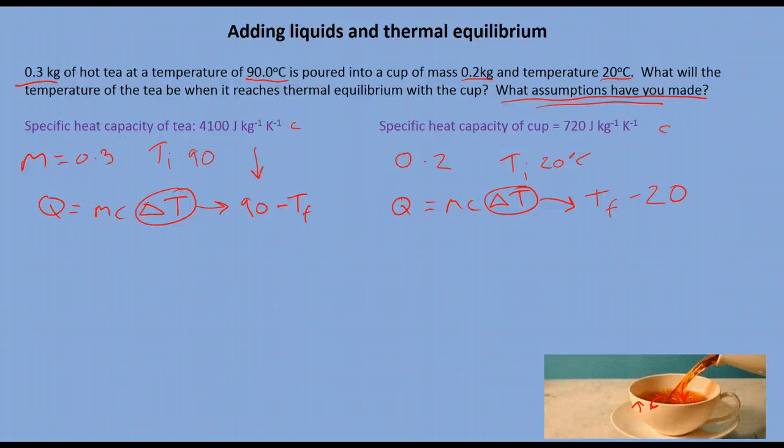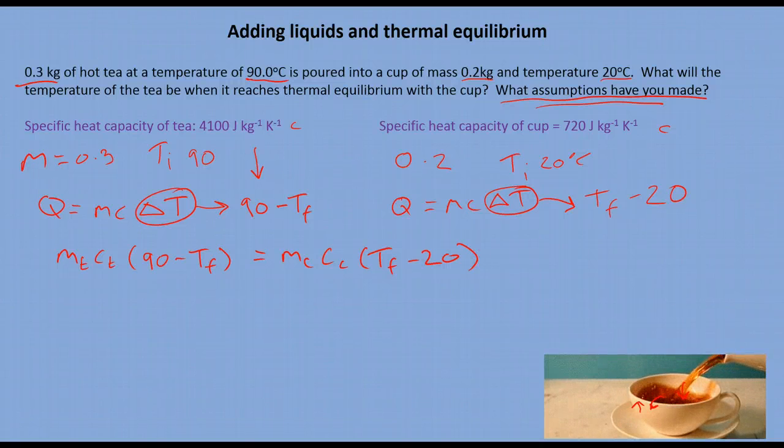Now we can set up a nice little equation. The mass of the tea times the heat capacity of the tea times 90 minus T final is equal to the mass of the cup times the heat capacity of the cup times T final minus 20.